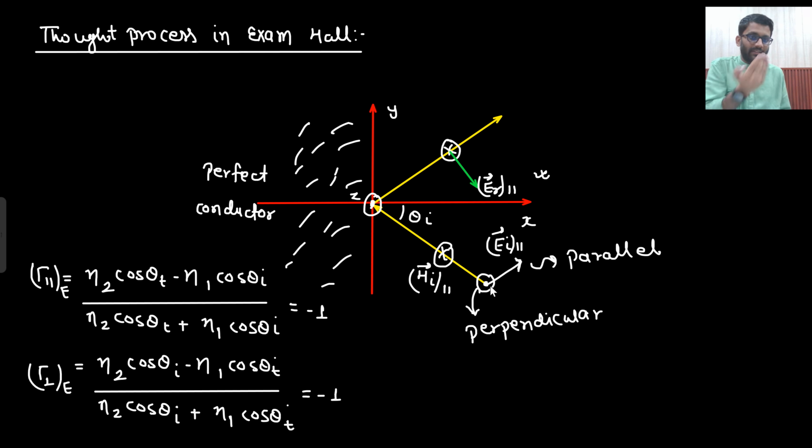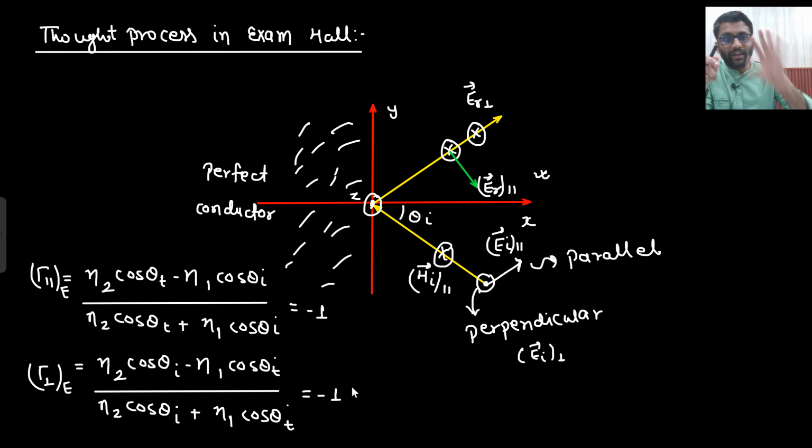that means this is my incident, so the reflected electric field will be in the opposite direction. So this will be my reflected electric field with respect to the perpendicular component. Are you able to understand this point or not? So with respect to the perpendicular component also, we are getting our reflection coefficient equal to -1.